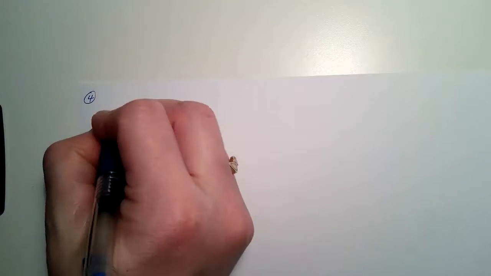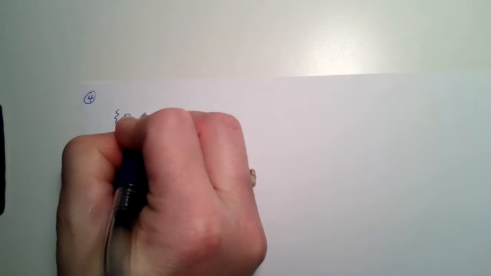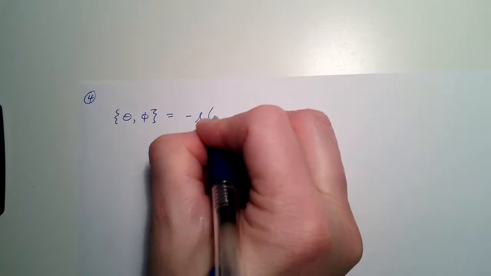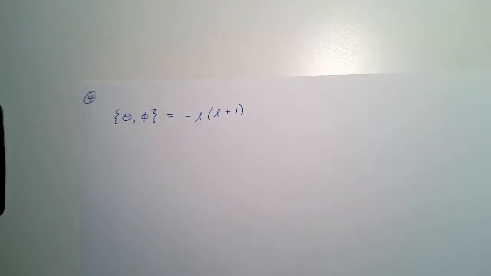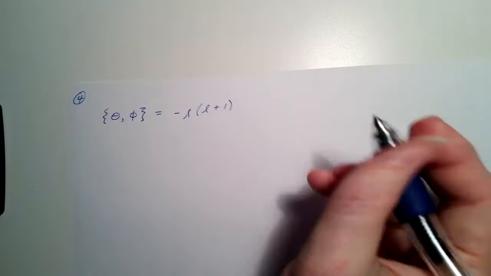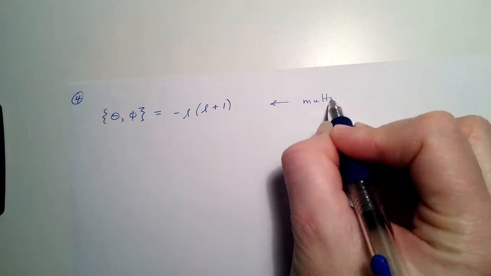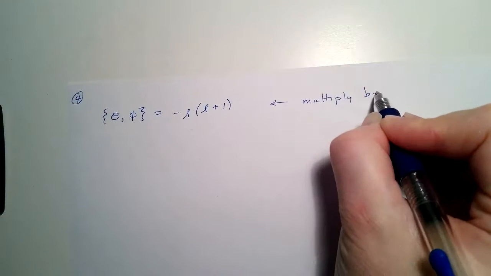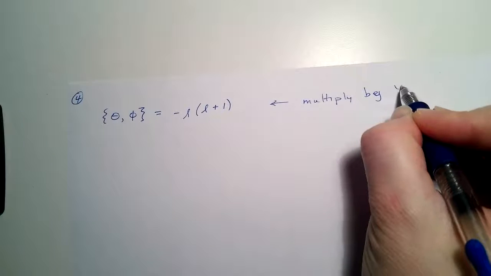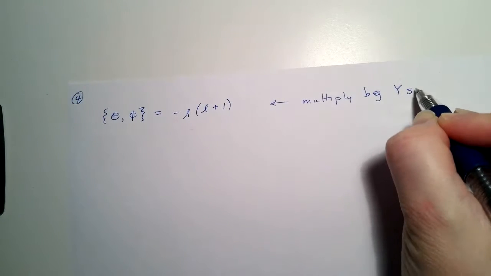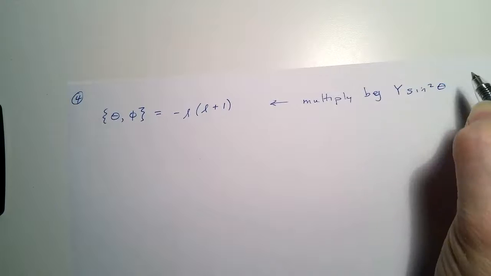So we're going to start with that angular equation actually. So this bracket that I had that has theta and phi terms in it, that I said was equal to minus L times L plus 1, I'm going to take that and multiply by my function that I'm trying to solve for and sine squared theta.